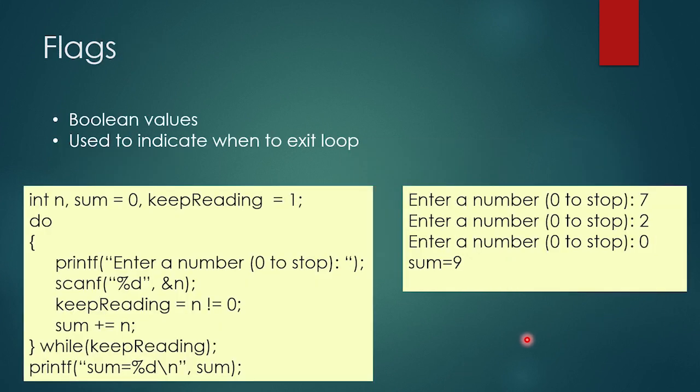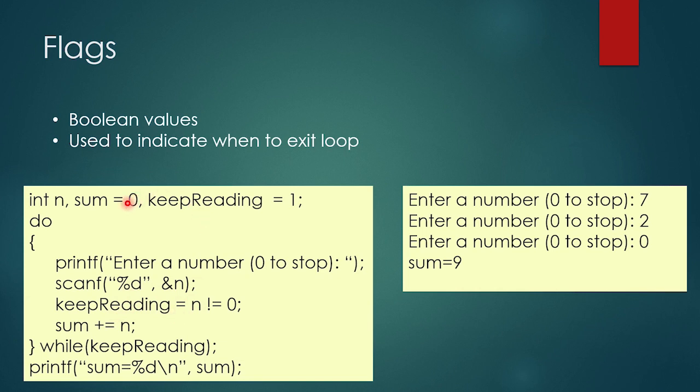Now, flags can be used when you've got more complicated logic. One of the things we were after was the ability to have a single entry point and a single exit point. So here we've got a while loop, and we decide inside whether we want the loop to continue or not.